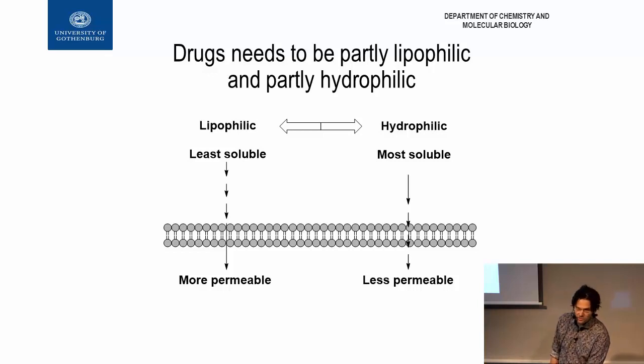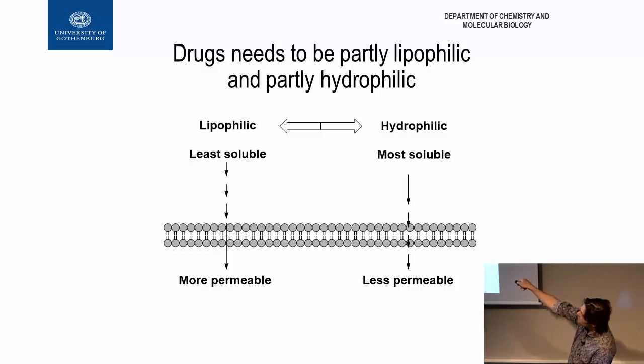And then we get to this situation here. On one hand, if we have something that's lipophilic, it's not really soluble in the bloodstream because blood is water. But lipophilic compounds cross cell membranes, so they're more permeable. If the drug is hydrophilic, it's really soluble, but then it has problems going over the cell membrane.